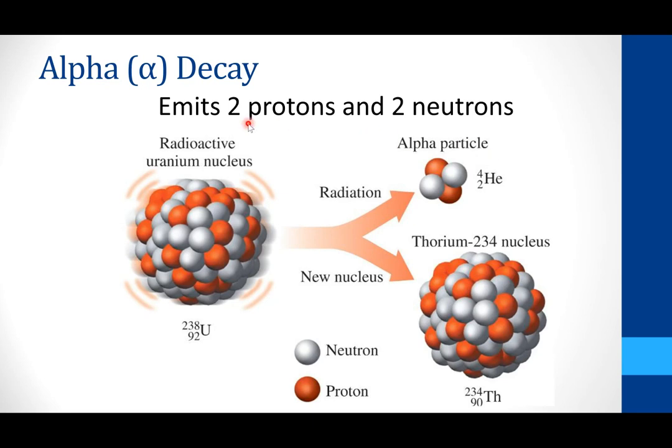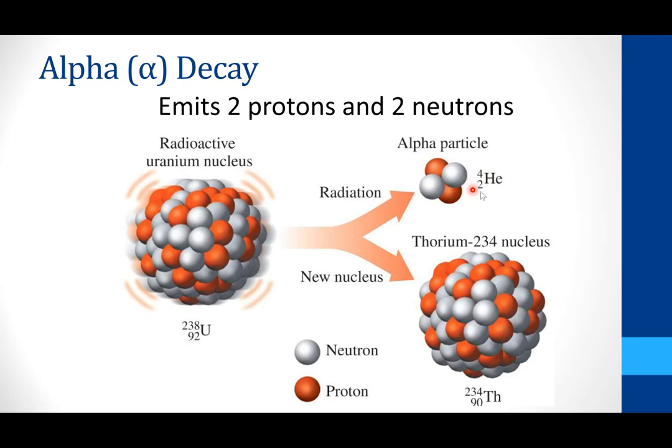An alpha particle is 2 protons and 2 neutrons. If I were to symbolically represent that alpha particle as an isotope, the 2 protons is the number that goes on the bottom. The mass number would be the protons plus the neutrons, so that's the number that goes on the top.